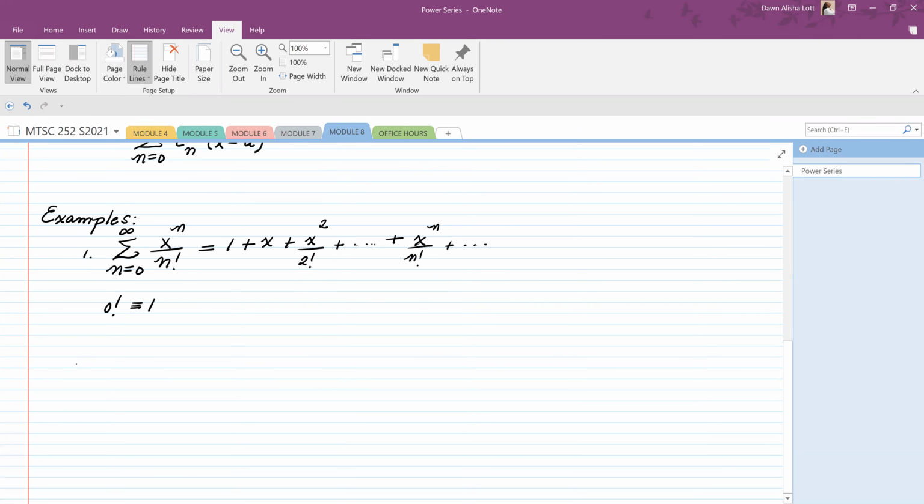Another example, sum n equals 0 to infinity of 2 to the n over n factorial x minus 1 to the n.